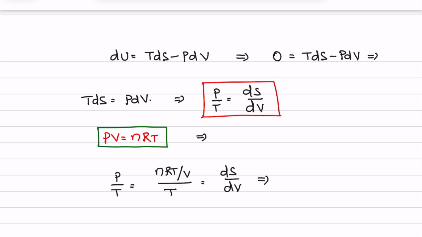That implies T gets cancelled. dS is equal to nR into dV by V. This is another important equation.